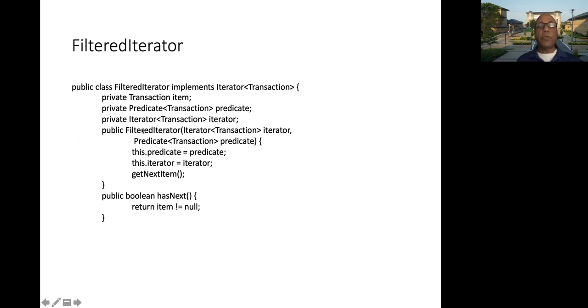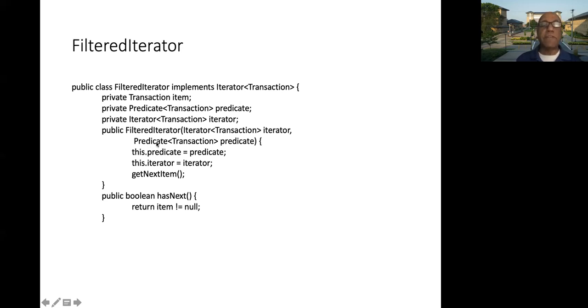We only want to supply transactions on that particular date. So what we use for this purpose is an instance of filtered iterator. So the user interface gets an instance of filtered iterator, which is an iterator on transactions. So how does this work? This filtered iterator gets an iterator to transactions and a predicate object.